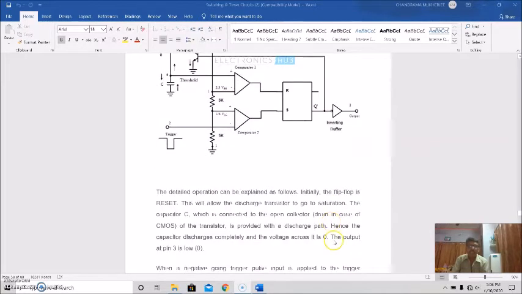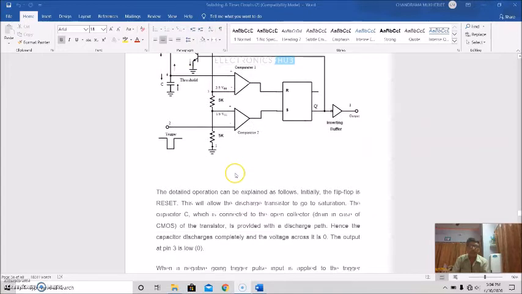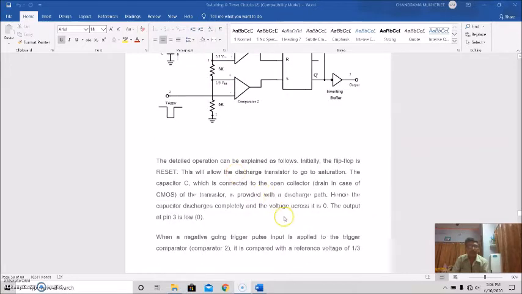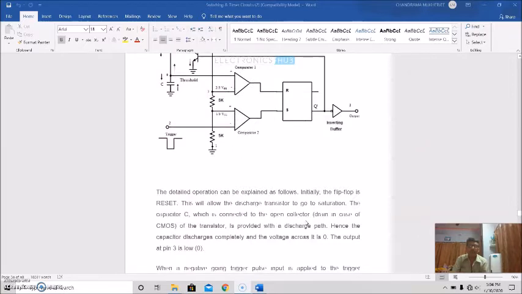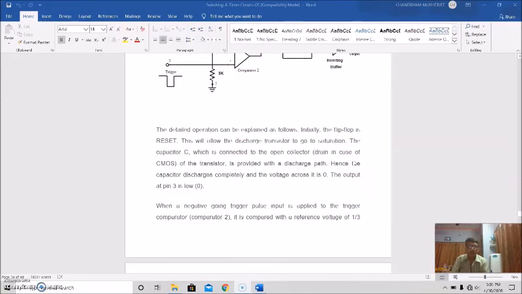Hence the capacitor discharges completely and the voltage across it is 0. The output at pin 3 will be low, that is 0.